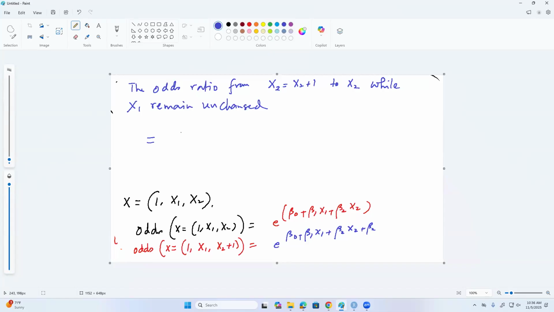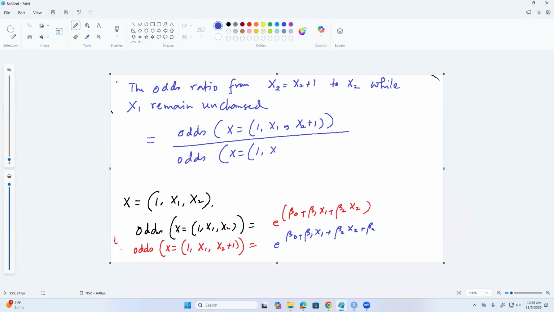That is the odds ratio. So you write one odds in the numerator, another odds in the denominator, and it is e to the power beta 2.